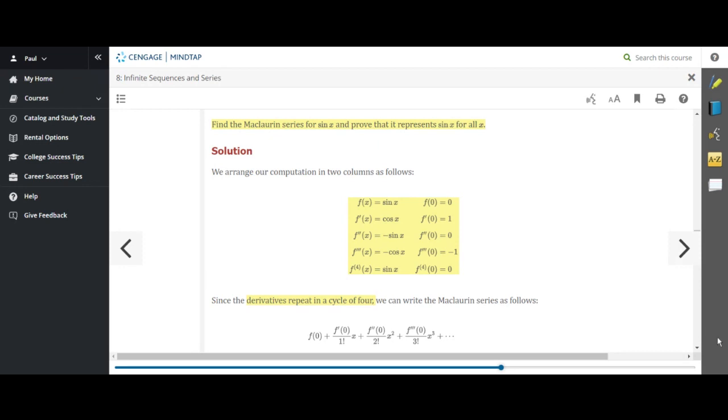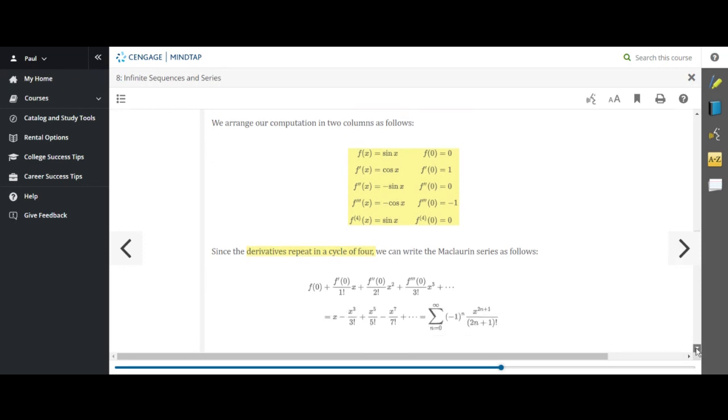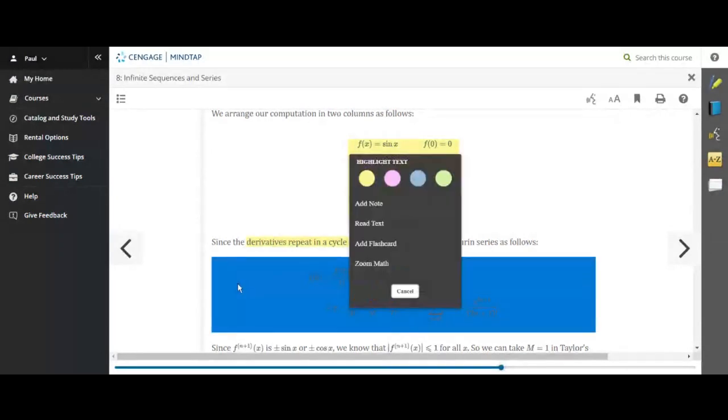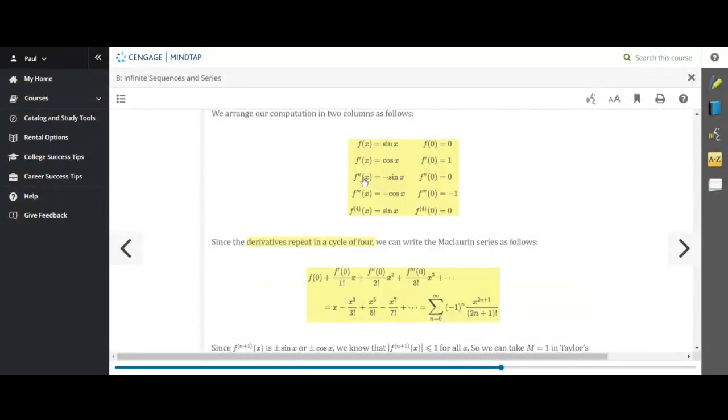If we go down a little bit here, the Maclaurin series is going to equal x minus x cubed over 3 factorial plus x to the 5th over 5 factorial minus x to the 7th over 7 factorial, and so forth. And then there is the pattern.